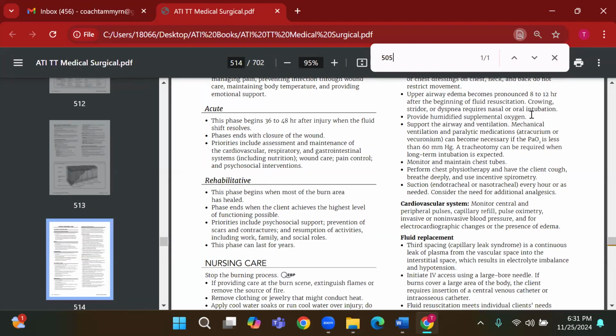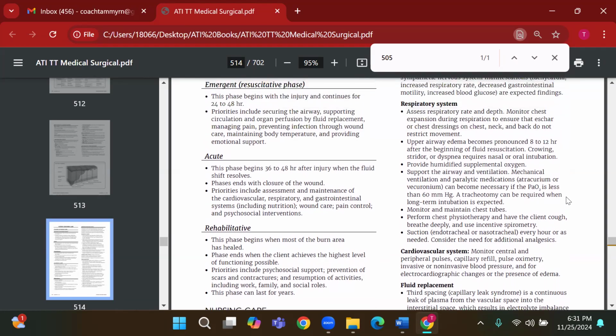Provide humidified supplemental oxygen, and then it says we may even have to use a mechanical ventilator, right? If the arterial oxygen is less than 60, they may do a tracheostomy. Perform chest physiotherapy, which is like incentive spirometry, pounding on the chest. And then it says suction every hour as needed.